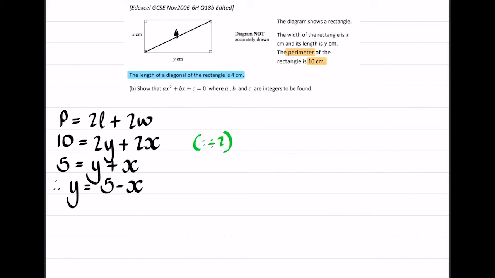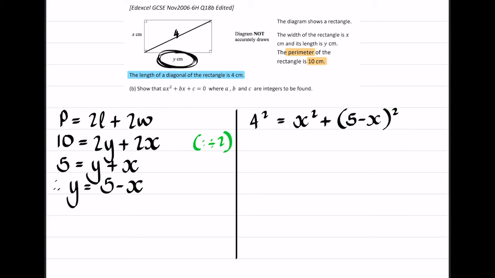So that means, therefore, that now I have y in terms of x, which means that I can work with Pythagoras. And I can say, therefore, that the hypotenuse squared, so 4 squared, that's the hypotenuse, is equal to side 1, which is x squared, plus side 2, and side 2 is 5 minus x all squared, because it would be y, and we're saying that y is equal to 5 minus x.